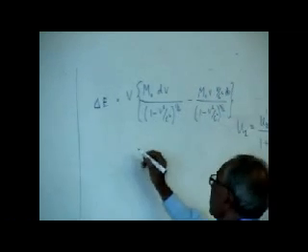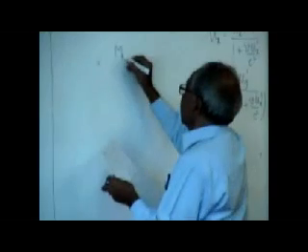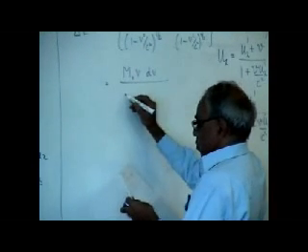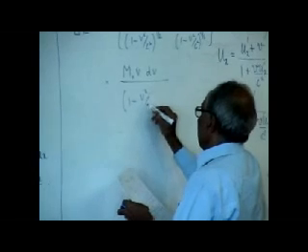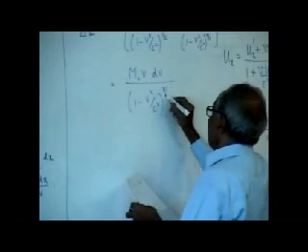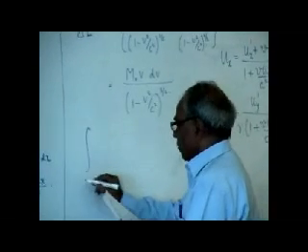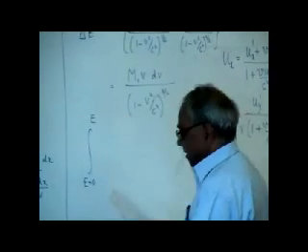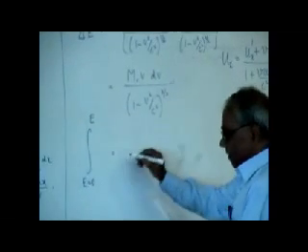So this whole thing, one can just add up, one will get 1 minus v squared by c squared. And one can integrate this from 0 to some value, and I will write the final answer.